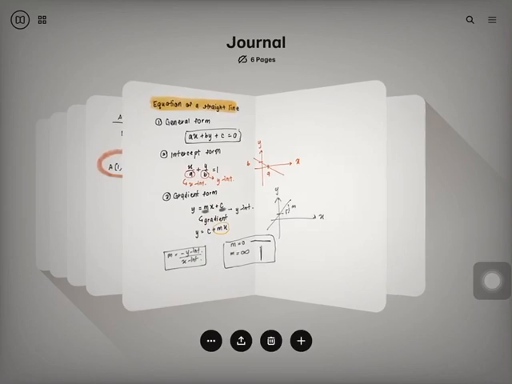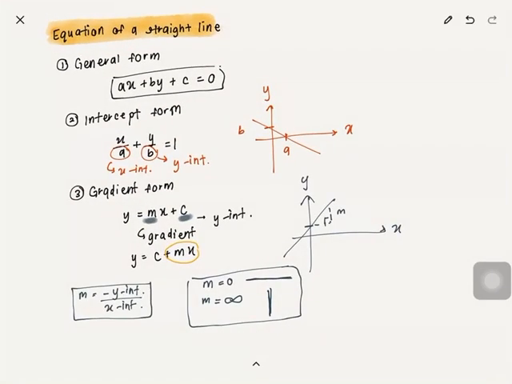Now you're supposed to find the equation of the line passing through 2 points. You have A is (0, -4), and B is (3, 0). So the equation here can be very simple.